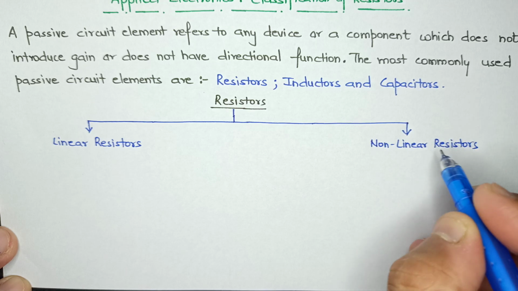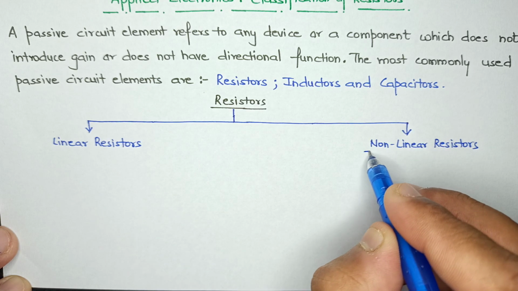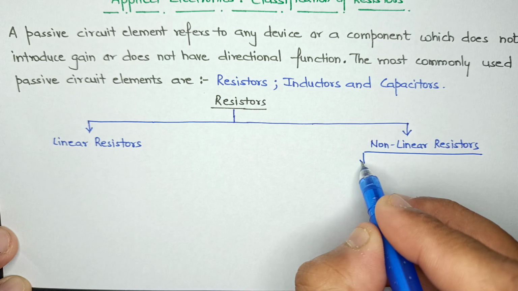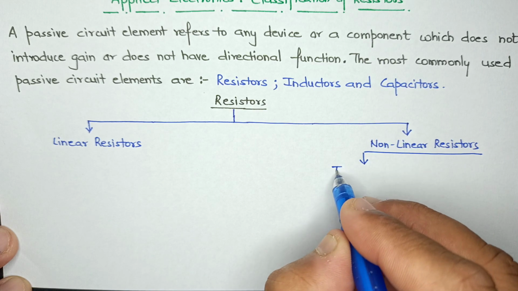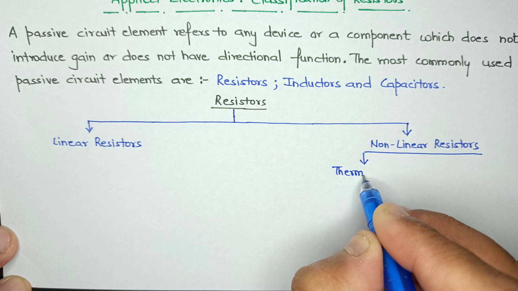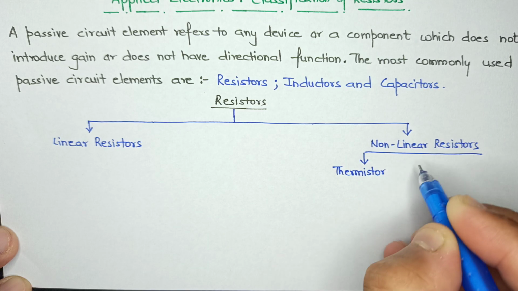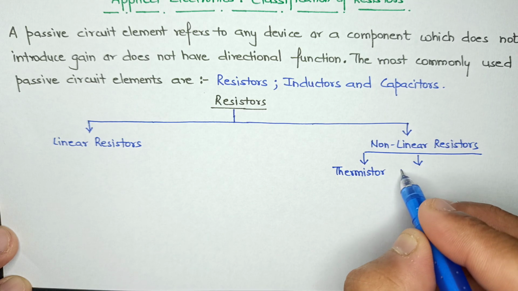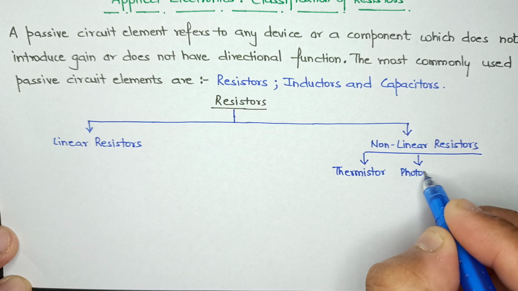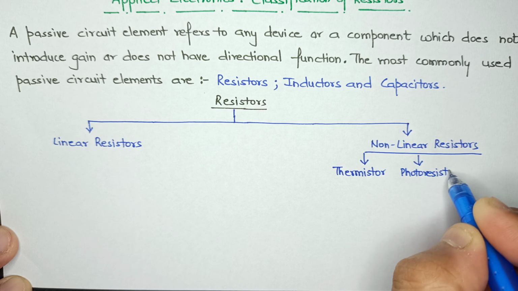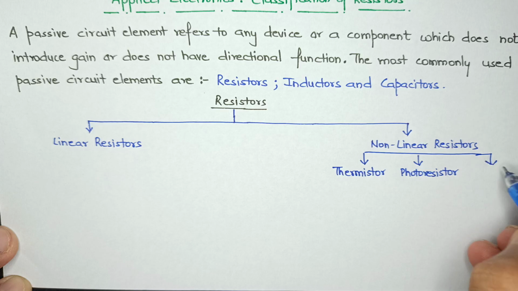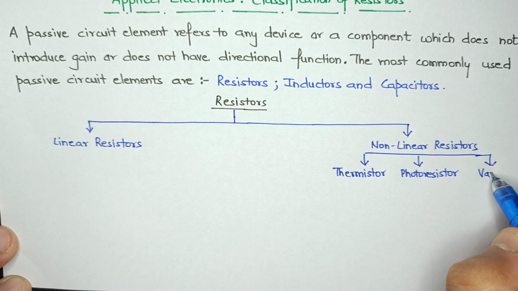Now the non-linear resistors are bifurcated further into three different categories. The first one is called a thermistor, the second one is called a photoresistor, and the third one is referred to as varistors.